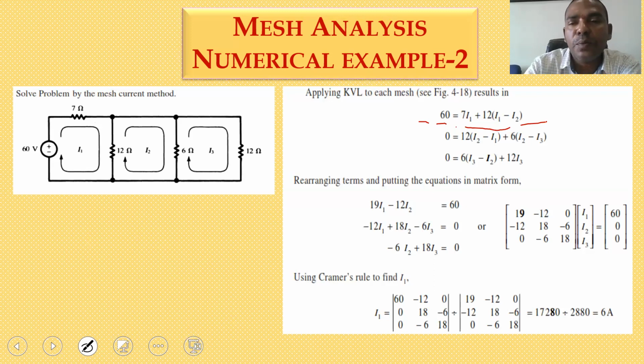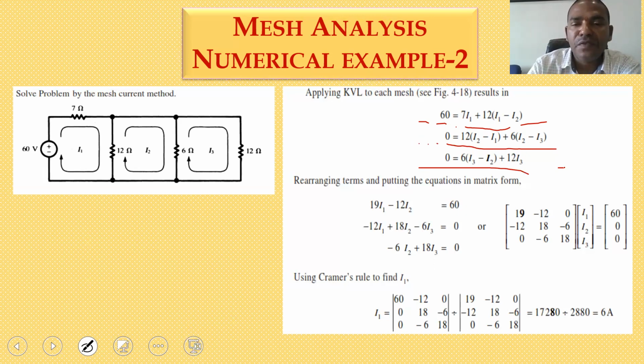Coming to the second loop, no voltage source. So 0 is equal to 12 into I2 minus I1 plus 6 into I2 minus I3. So voltage drop across 12 ohms, voltage drop across 6 ohms. Next, coming to the third loop, you don't have any voltage source. 0 is equal to 6 into I3 minus I2 plus 12 into I3.